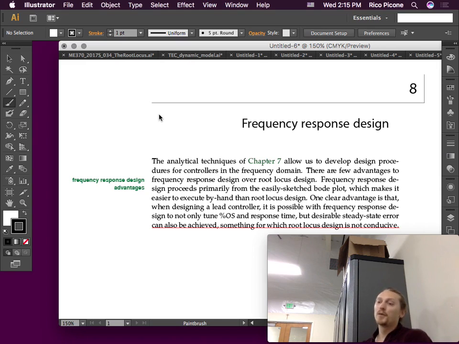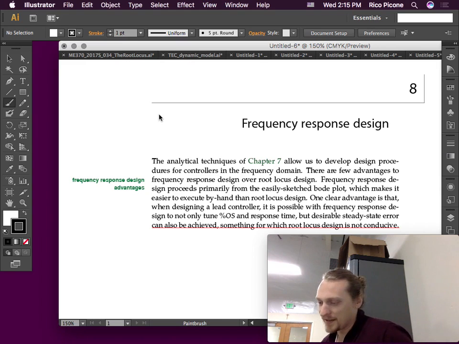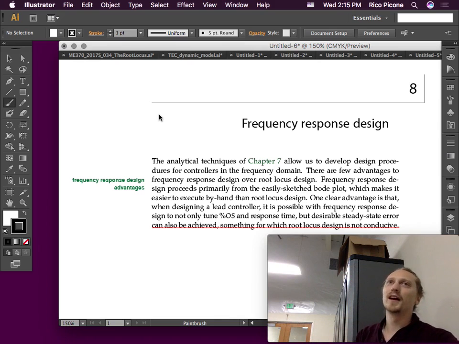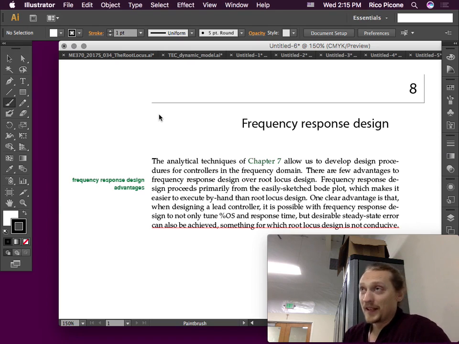And really, the only place that frequency response shines over root locus is that when you design a lead controller, it can be designed to not only take care of the transient characteristics that you want, but you can simultaneously design it to compensate for your steady state error as well.